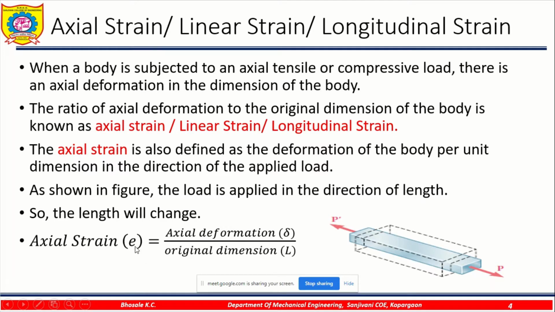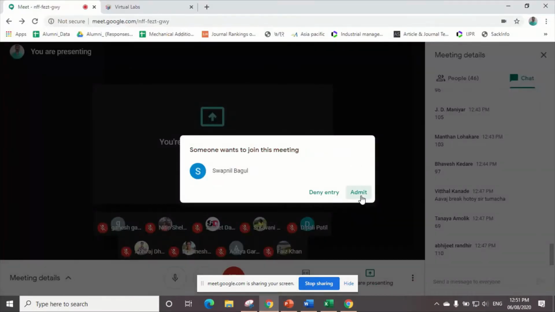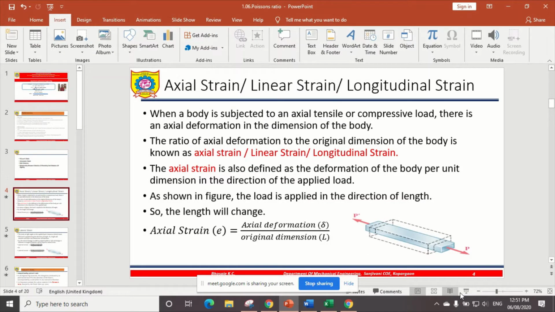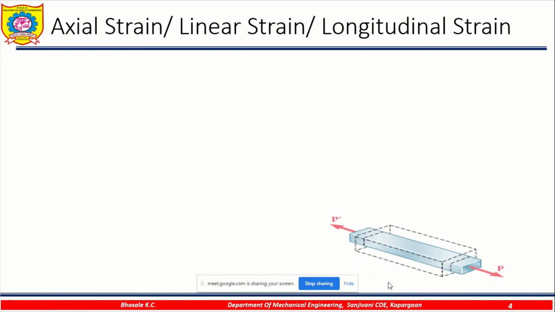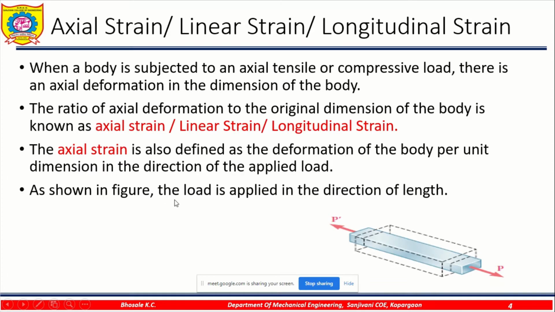So we have learned about the strain only. The strain is same. We have added only one term, that is axial strain. That will be equal to axial deformation upon original dimension. There are another two terms: the linear strain and the longitudinal strain.